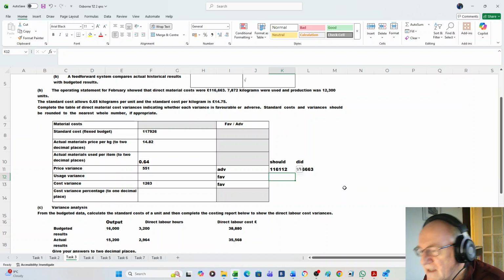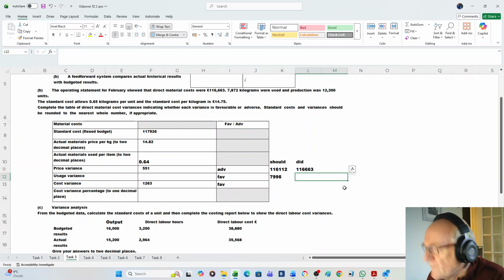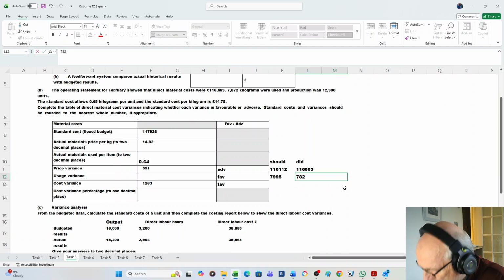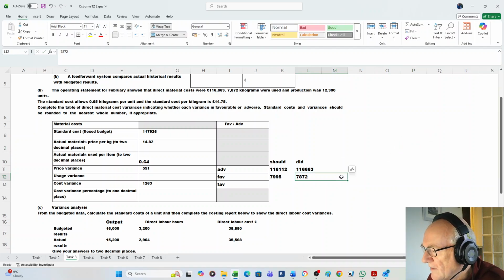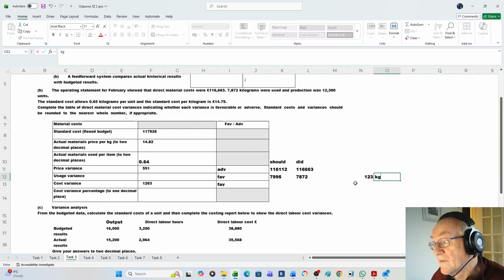Usage variance. So this is the two-stage one. So first of all, we made 12,300 and we should have used 0.65 each. 7872 is given to us. So we know, I'm not going to waste time doing the formula, that was 123 kilograms.